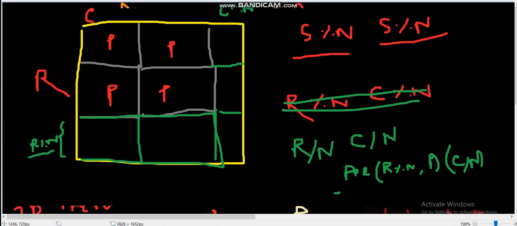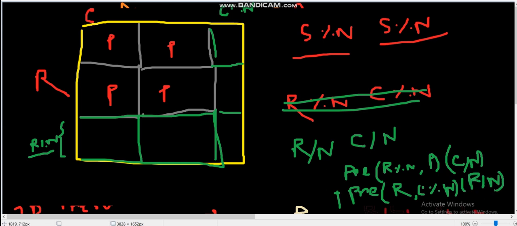Similarly, plus for this there will be the prefix of r rows and c modulo n number of columns, and the total number of these portions will be r by n.